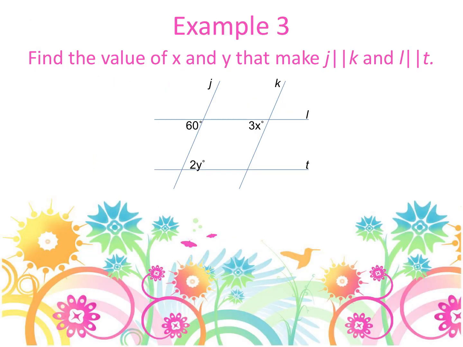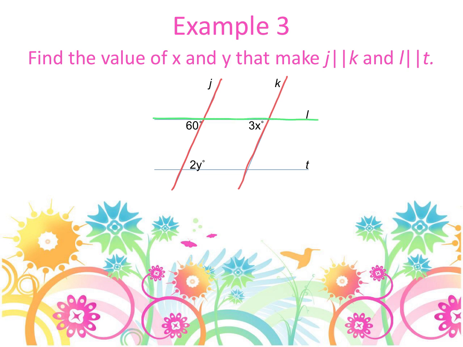When I come over to example 3, it says find the value of x and y that make J parallel to K and L parallel to T. So again, I'm going to go slow here. I'm going to start with J and K. So here's J, here's K, and here is my transversal.